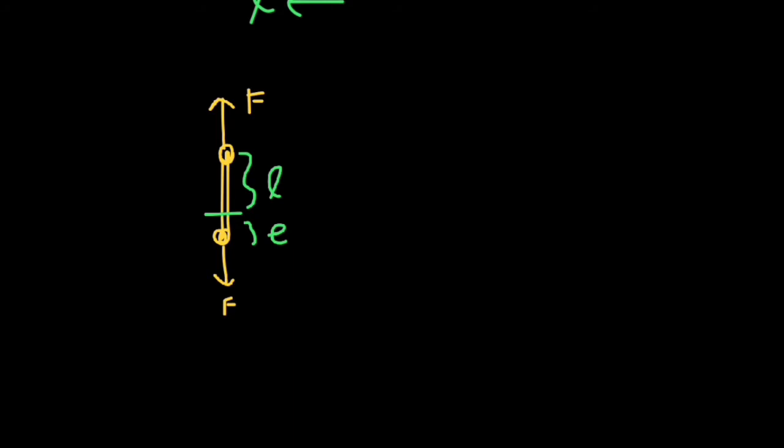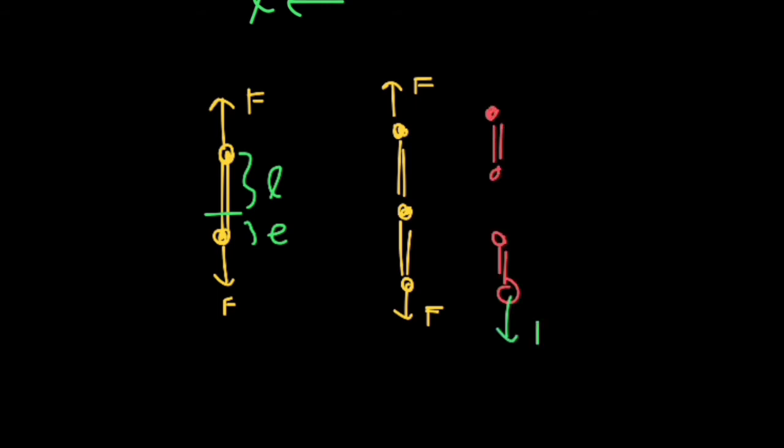Now let's see what will be the scenario if you apply the same force in between three molecules. Like this, you have a molecule over here, another molecule, and another molecule. Now when you apply a force F to these two molecules, you must understand, if you draw this setup in a free body diagram, you will have something like this. The applied force downwards, and here you will have another force, and this force will pull the other molecule downwards, and this is the other applied force.